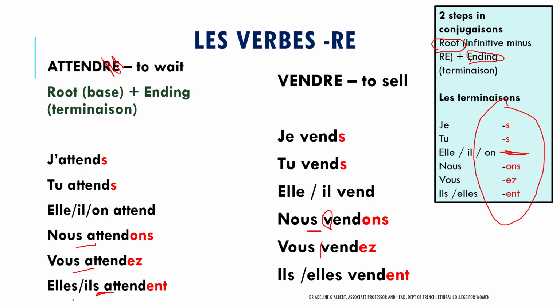Whenever S ends a word and the next word starts with a consonant, I do not pronounce the S. If you look at the verb attendre, nous ends with S, and the next word starts with a vowel. So I pronounce the S, but I don't say S, I say ze: nous attendons, vous attendez. See, the ze goes into the next word. Ils attendent, elles attendent. Alright?